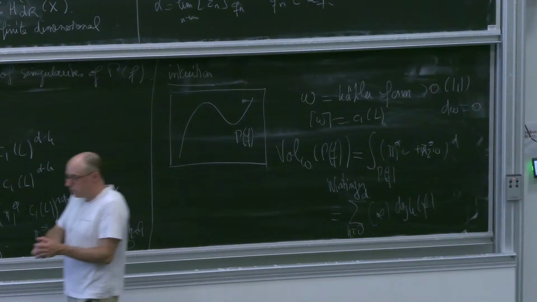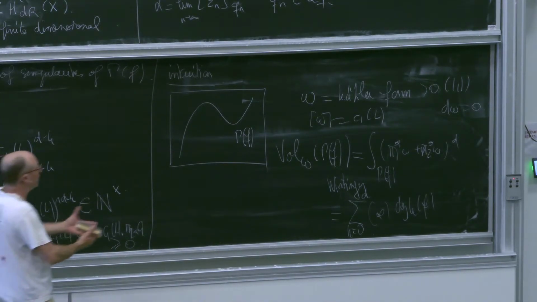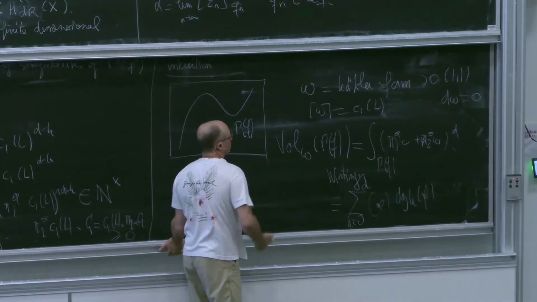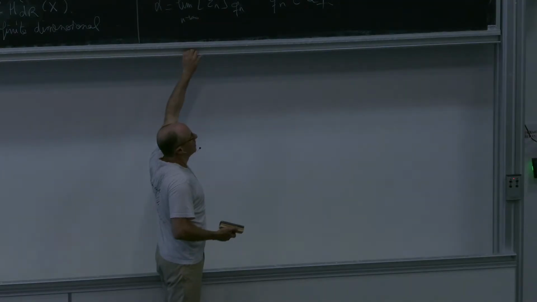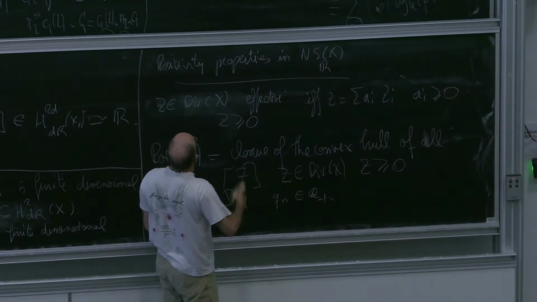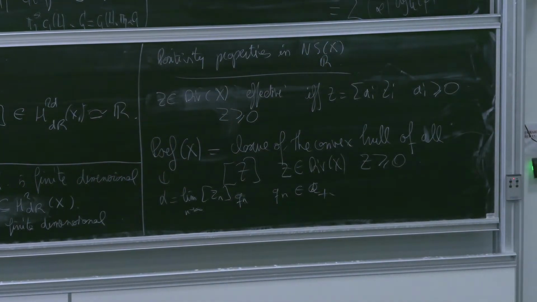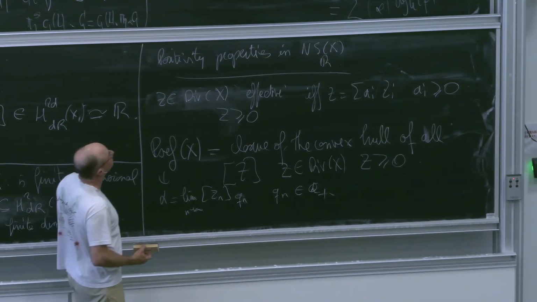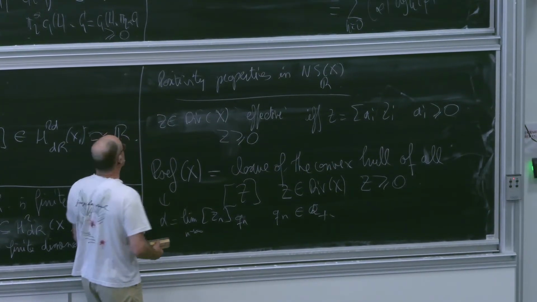Okay, so if you give me all these degrees, then in fact, I know how big this volume is. So I can control somehow how big is the class of gamma f inside the cohomology of X cross X. Yeah, I hope so. There are binomial coefficients or something, yeah.